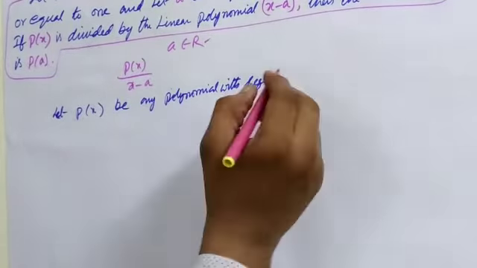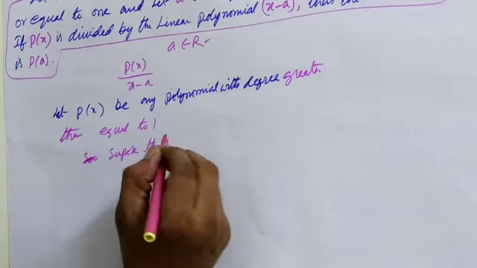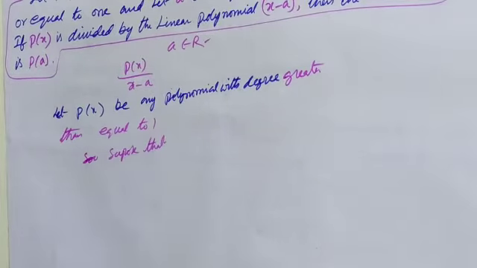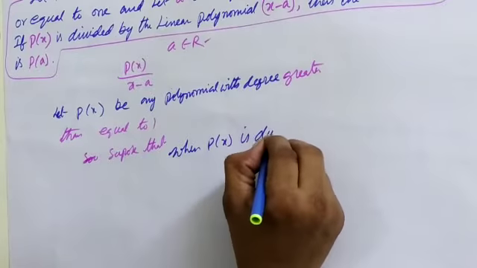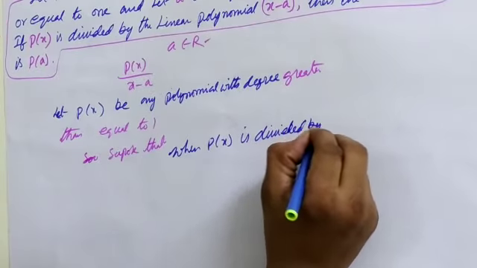Now suppose that when P of x is divided by a linear polynomial, g of x is equal to x minus a.